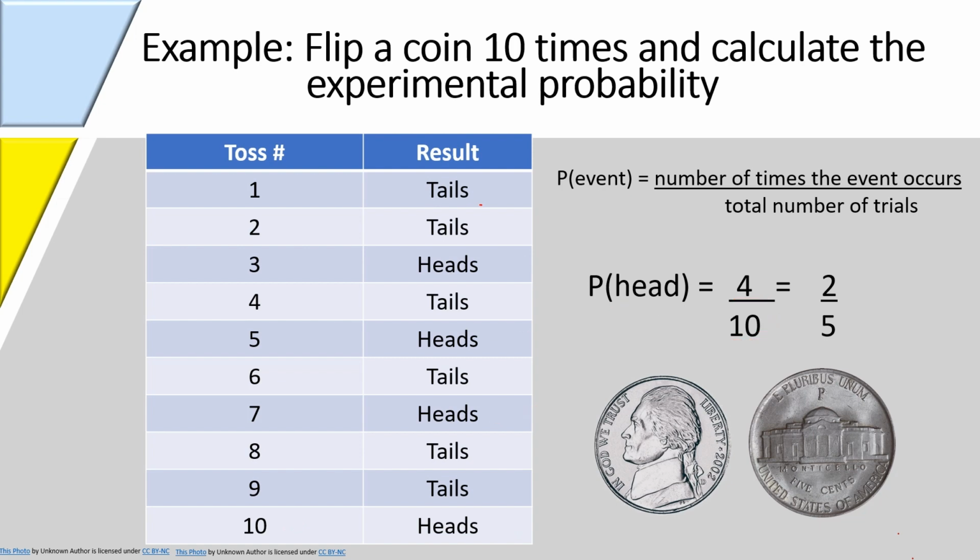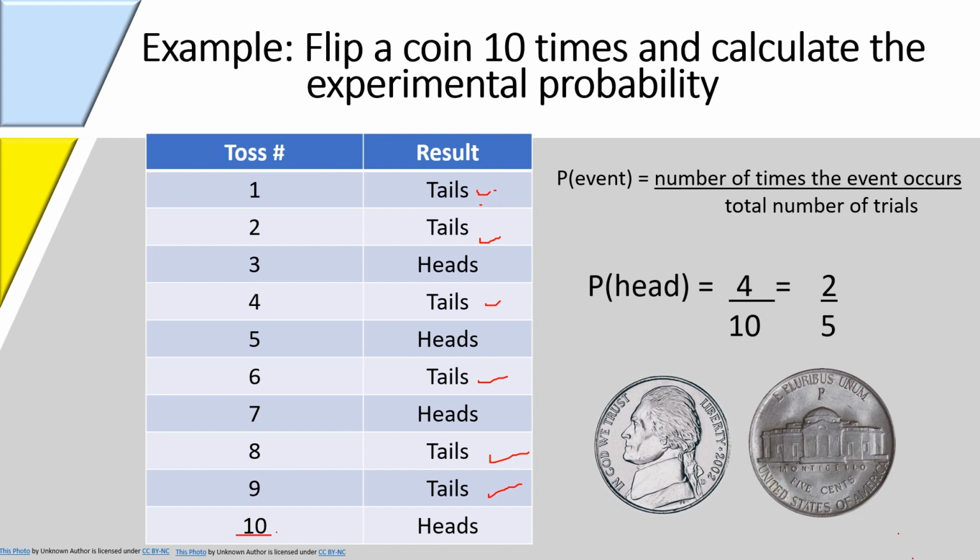So if we say our event is now the probability of getting a tail, we would have to go over here and count. We'll have 1, 2, 3, 4, 5, 6 times. When I flipped my coin 10 times, I had a tails come up 6 times.